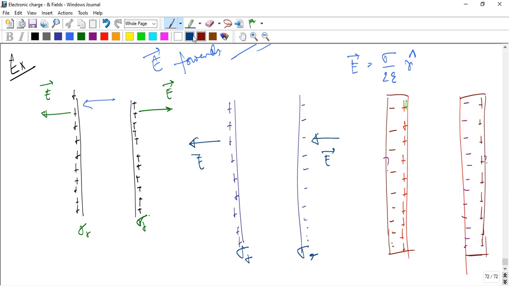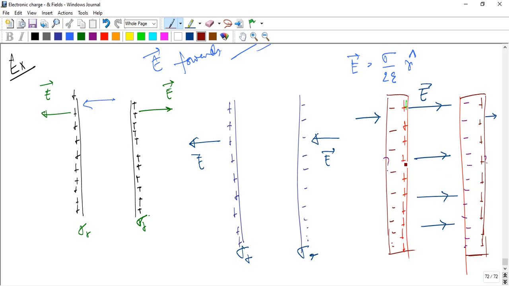And you see the electric field in that direction, but inside, the electric field goes in that direction. Starting from here, the electric field is present, but if they are neutral, these are okay.